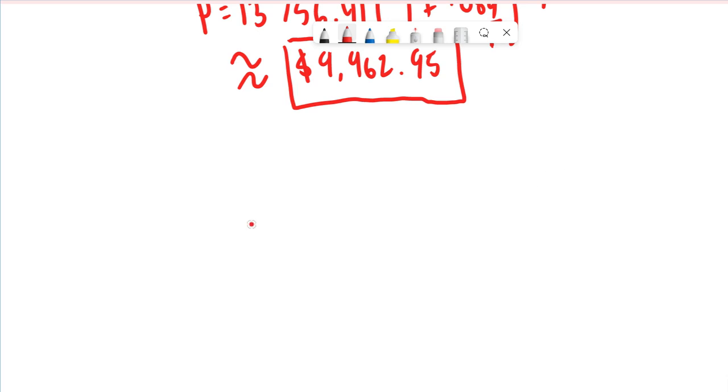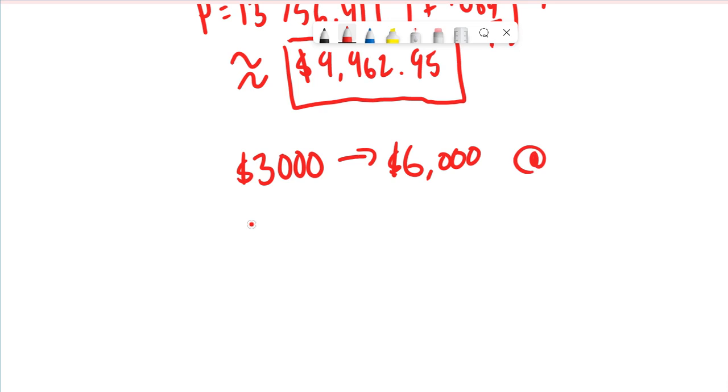Now, let's say that you have $3,000 deposited, but we say that it's going to grow to $6,000. What if this is at an interest rate of 7% where it's compounded quarterly, so 4?